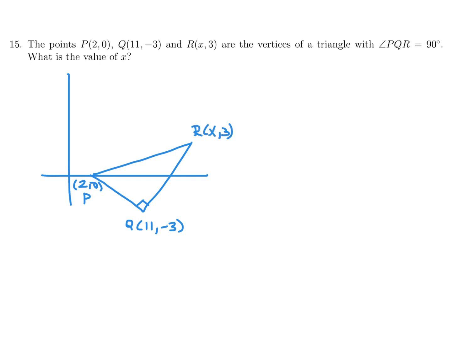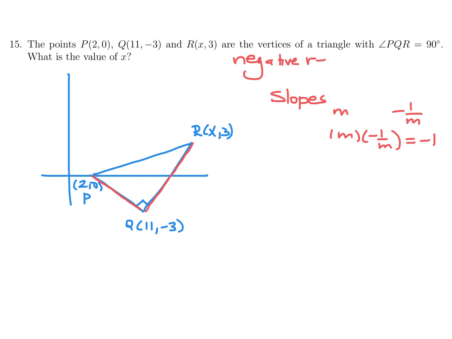So what we'll do is, since this line is perpendicular to that line, their slopes will be negative reciprocals, meaning one slope is m, the other slope would be negative 1 over m, and their product would be negative 1, right? Yeah, the slopes are negative reciprocals of two lines that are perpendicular.